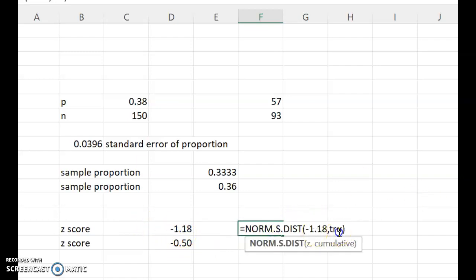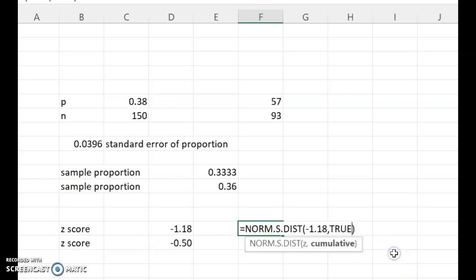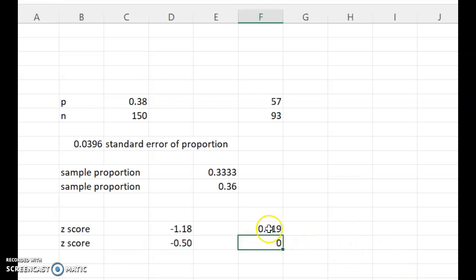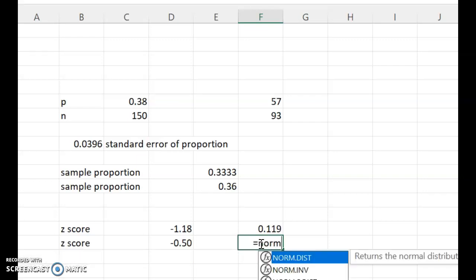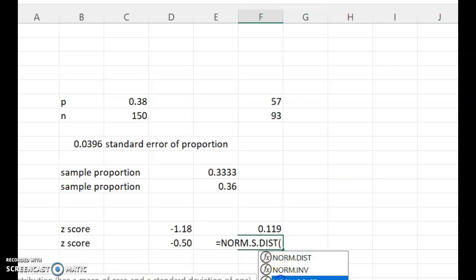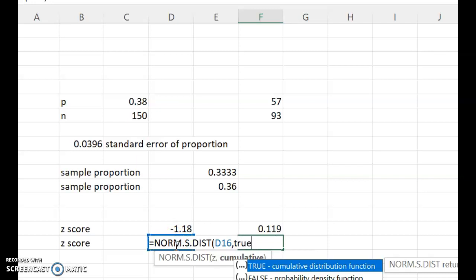I forgot to click cumulative, so I'm just going to click it. Okay, true. Alright, so there's that one, and then for this second one, we're going to do the same thing. It's negative 0.50, and it's going to be true.